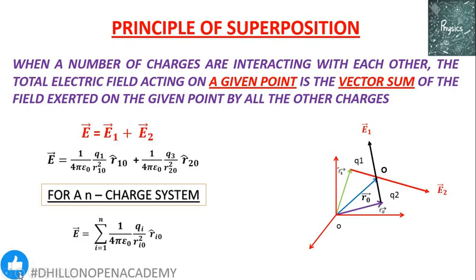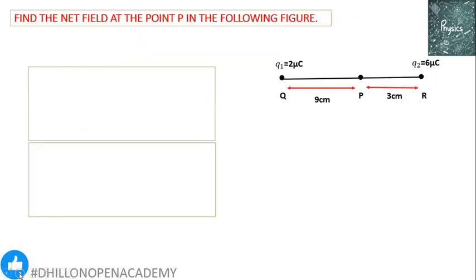Let us try to understand the concept of the superposition principle by solving a few questions. Here we have a question where we are to find the net electric field at the point P due to the two charges Q1 and Q2. Just like in problems related to Coulomb's law, whenever we are to find the electric field at a given point due to a system of charges, we will start by breaking the problem into a few steps.